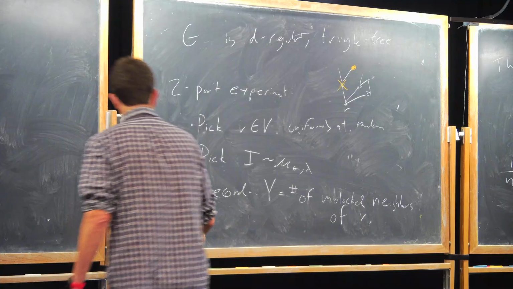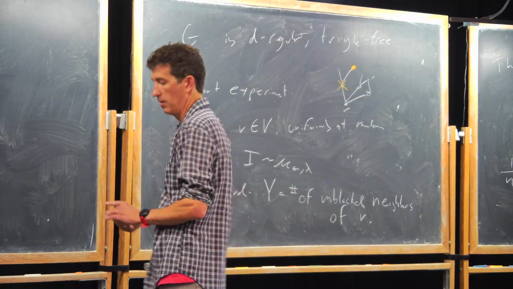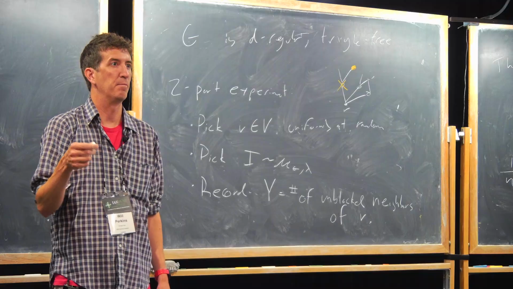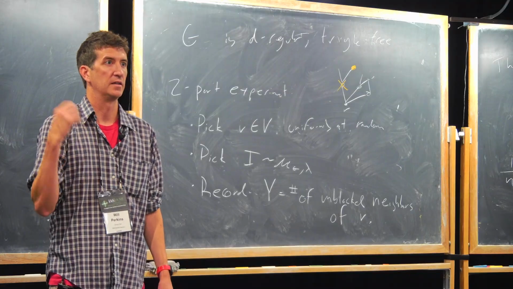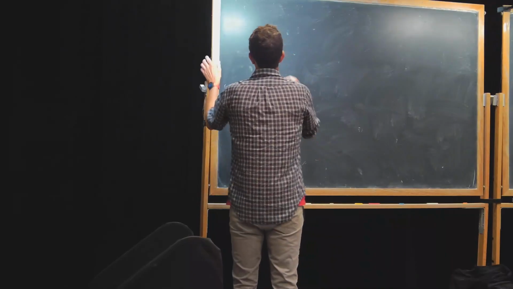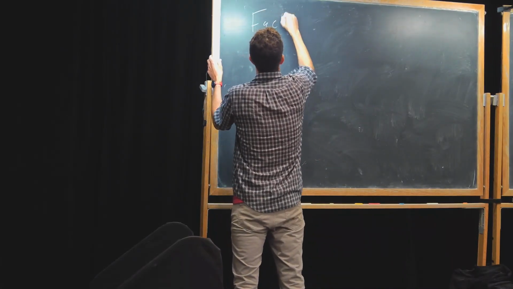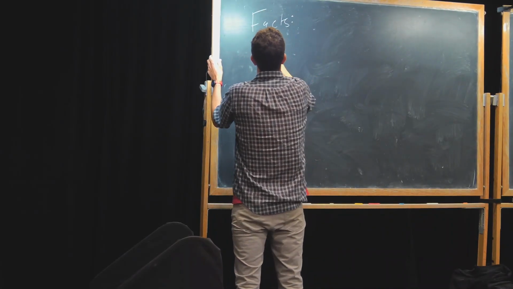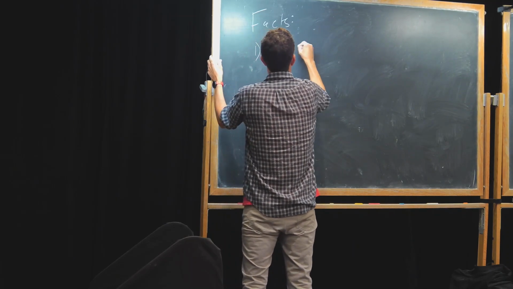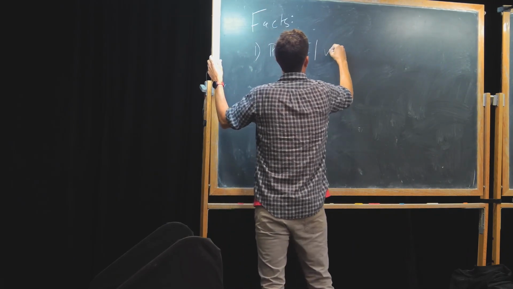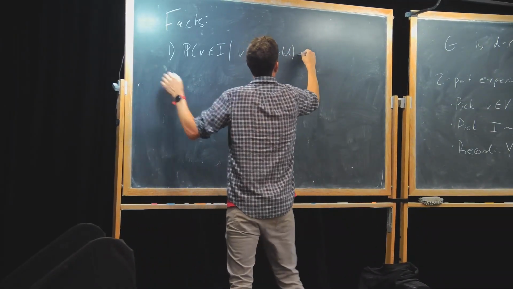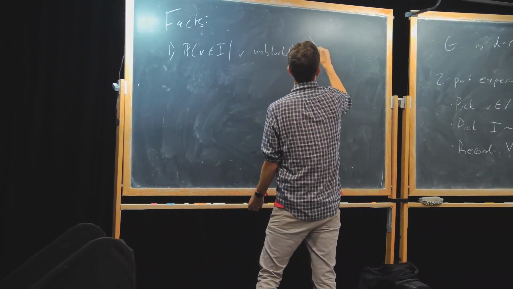So I'm going to write up some facts, and these facts are just using this Markov random field property that I wrote up to start the day. So facts. 1. The probability that V is in the independent set given V unblocked is lambda over 1 plus lambda.